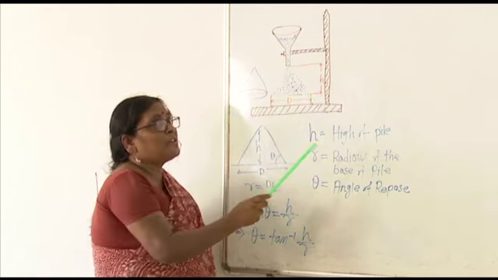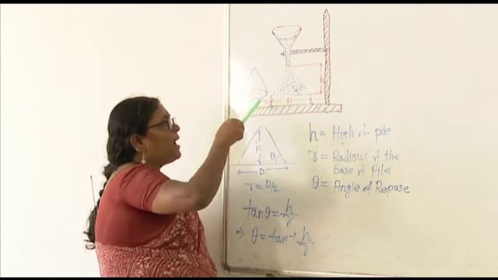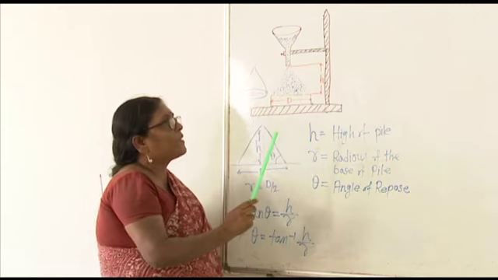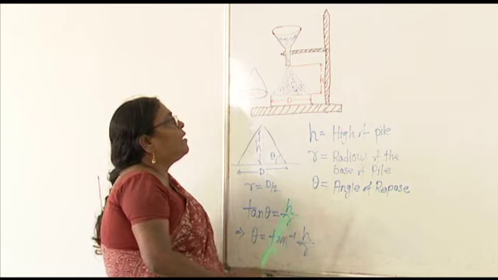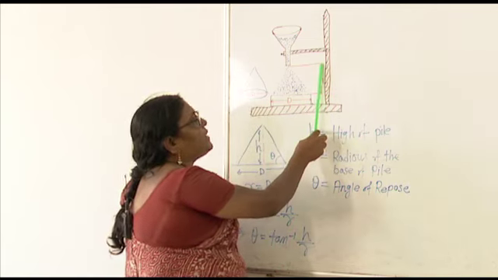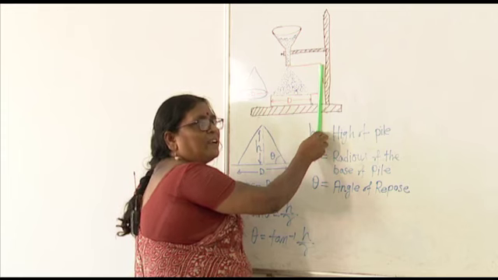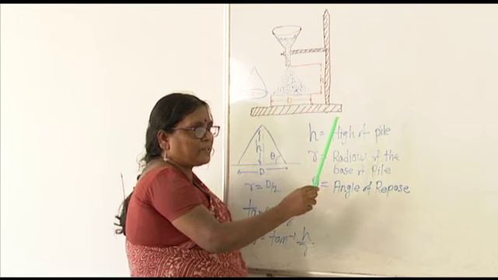But how will we measure? We will take a marker and make an outline around this, and the funnel will be removed. This height has to be measured, and this will be done by a scale. In your actual demonstration, you will see how sir will do it.